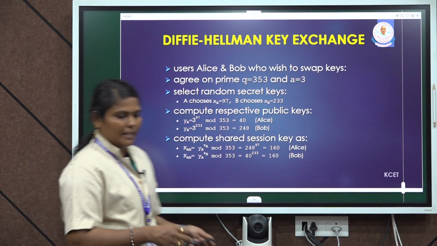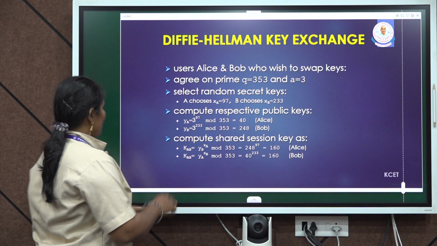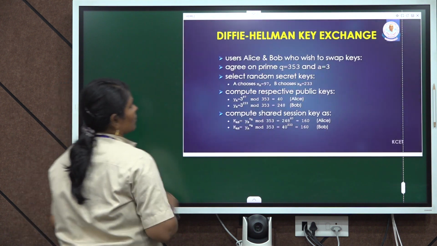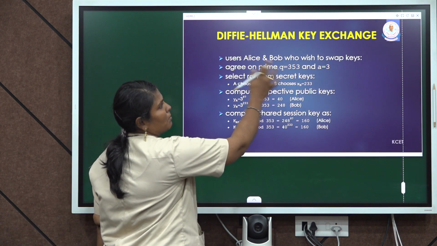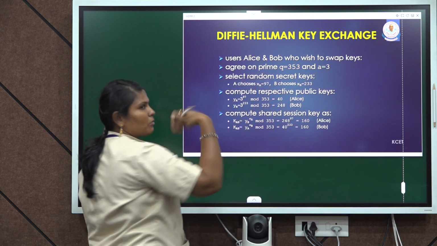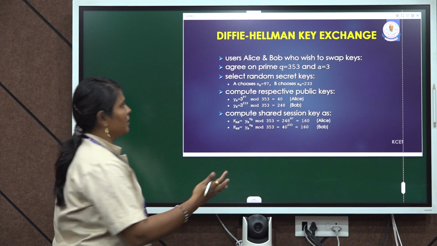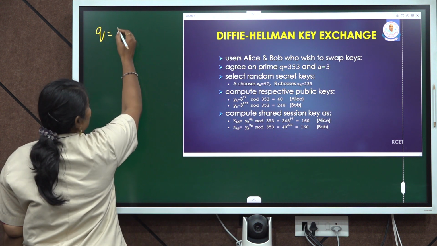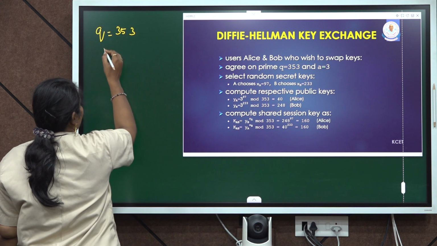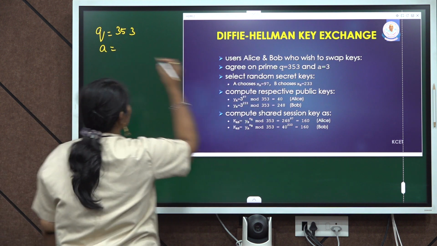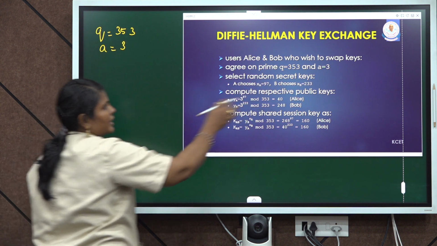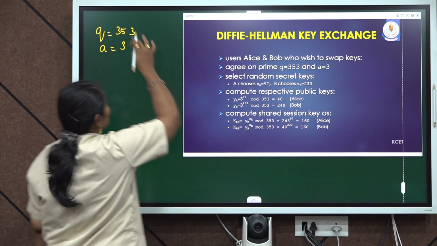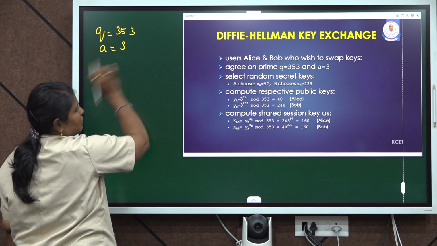Now, with one example, we are going to solve this Diffie-Hellman key exchange. Alice and Bob want to exchange keys between them. They have agreed on a prime number q as 353 and a primitive root alpha as 3. So q is equal to 353 and alpha is equal to 3.